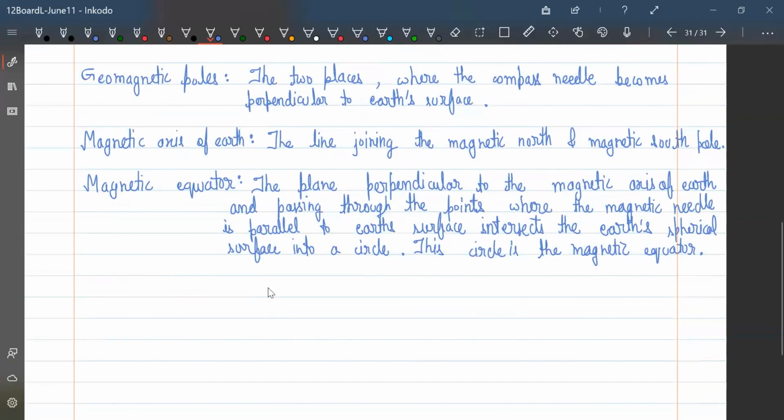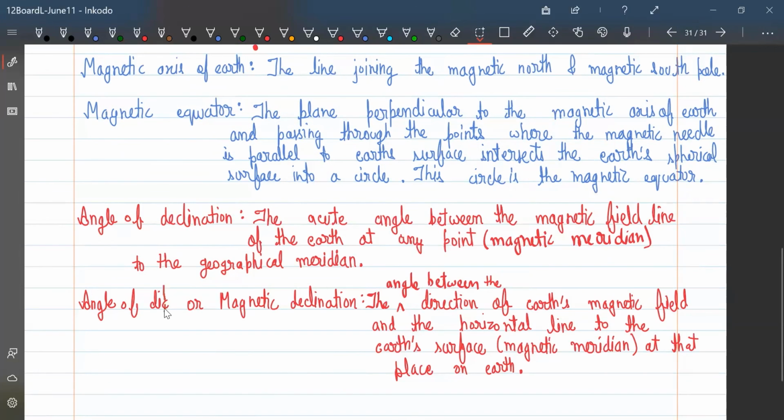Then you have two angles. First is the angle of declination. This is the angle of declination.